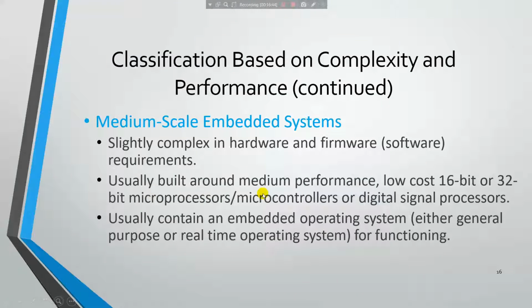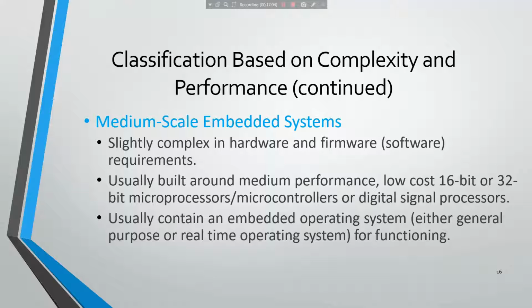Next is medium scale embedded systems. A slight complexity can be seen in the hardware as well as in the software. Usually it is built around medium performance, low cost 16-bit and 32-bit microprocessors and microcontrollers, or digital signal processing units.